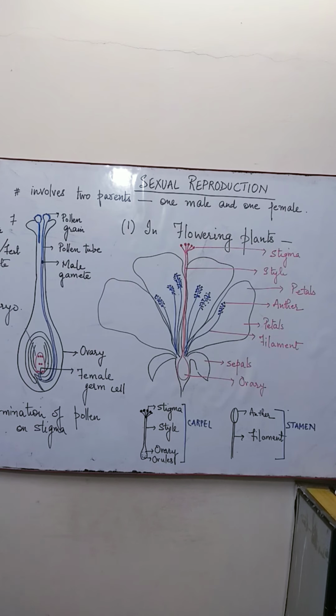Now, the ovule, that is this structure, present inside the ovary, develops a tough protective coat and forms the seed. As the cell division is going on inside, the ovule will form the seed, with a hard, tough protective coating.